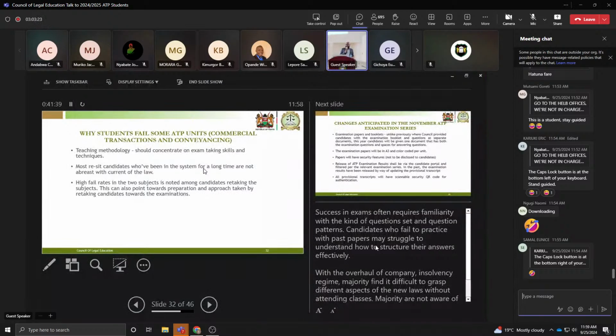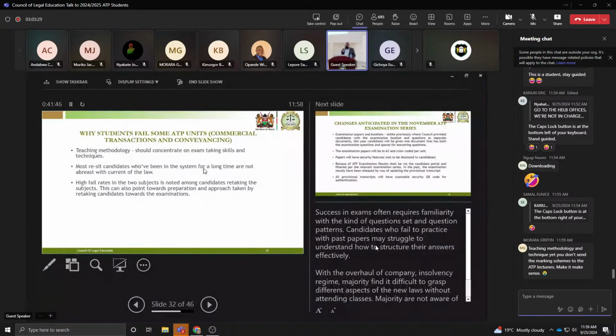We've seen a situation where a student will be quoting the Company Act, used to be CAP 486. Yes, 486. You find a student quoting that, yet the law changed a long time ago. A student still quoting the Bankruptcy Act. We have the Insolvency Act, right? So you find a student is yet to familiarize himself with the current developments in the law.